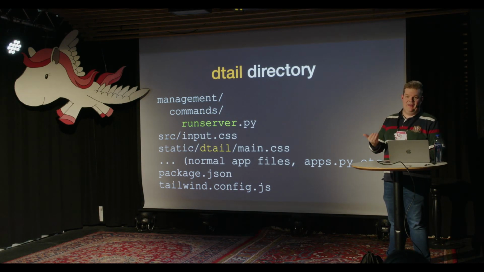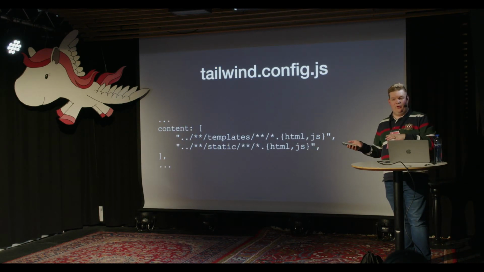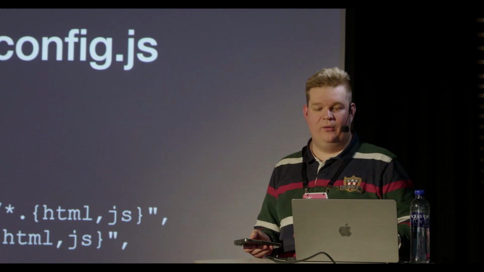Tailwind is an npm package, so you need to install the dependencies and then you need to add the Tailwind config. With the Tailwind config, because the directory that we are running it in is the detail directory, we'll go one directory back and search all of the templates and static files, and we generate the CSS that we want for all of our things.